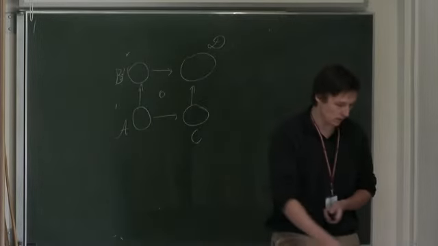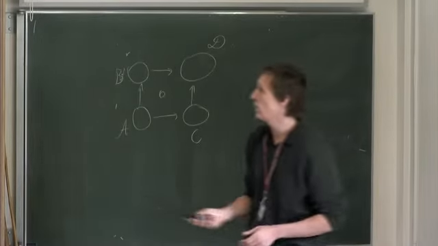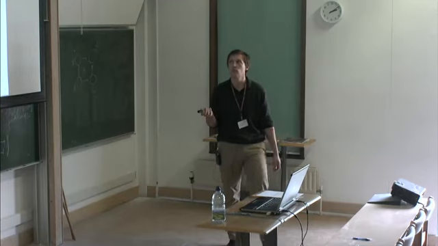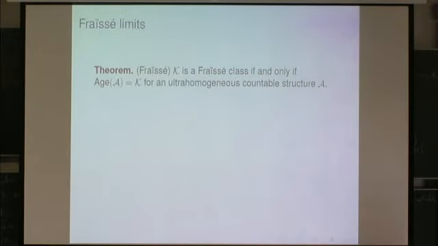Okay, so this is the amalgamation property, and the famous theorem of Fraisse says that a class is Fraisse if and only if it is the age of some ultra-homogeneous relational structure. And in this case, we will call this structure the Fraisse limit of our Fraisse class.